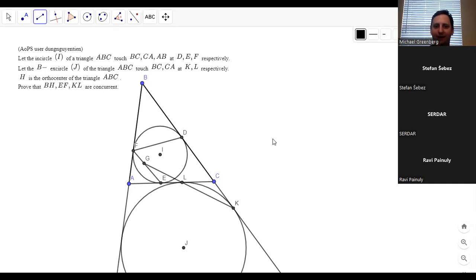It's a well-known fact. Is this like the Iran lemma, but for the excenter instead of the incenter? Well, because we know.